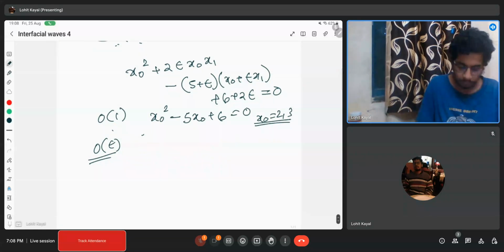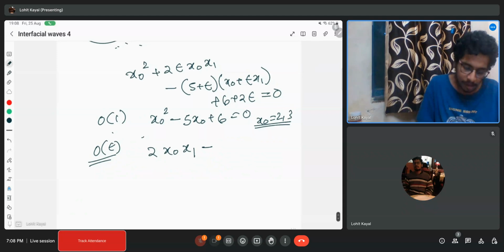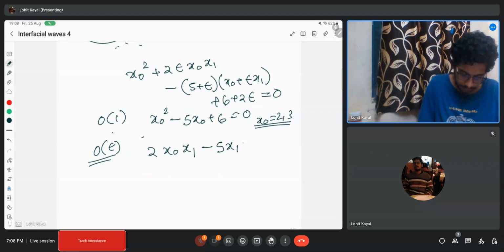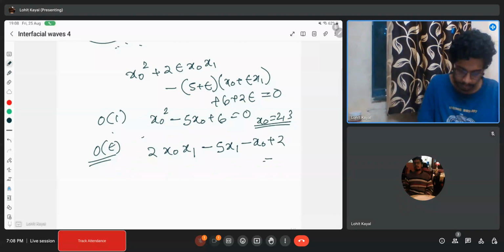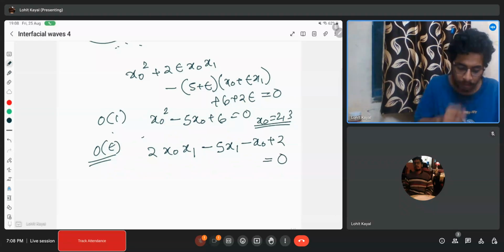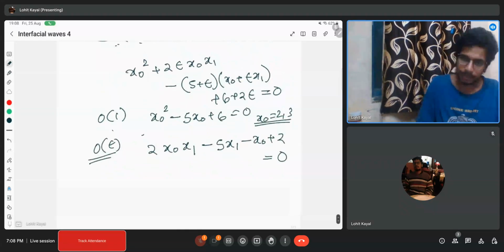Now what will happen at order epsilon? We will have 2 x naught x1 minus 5 x1 minus x naught plus 2 is equal to 0. So at order epsilon you will get this result.